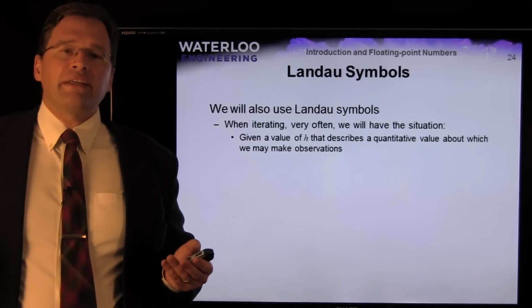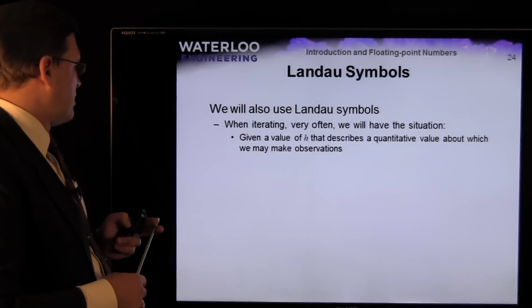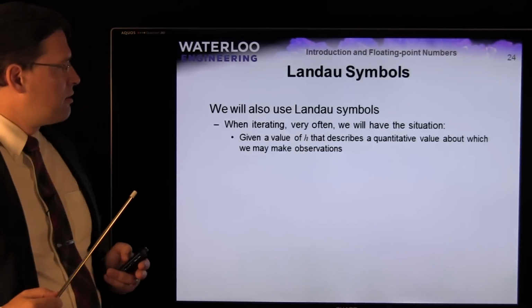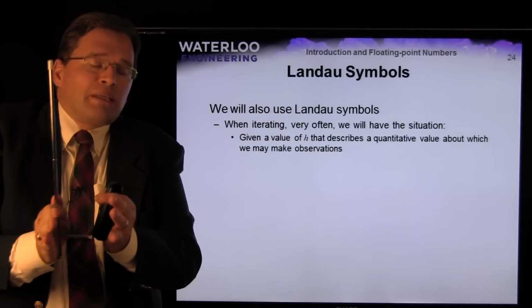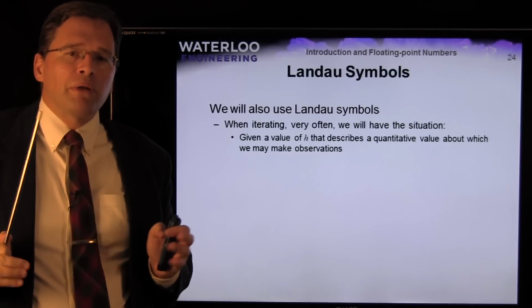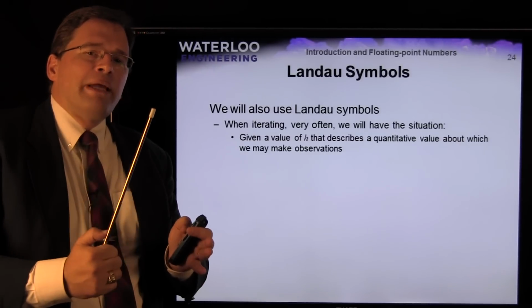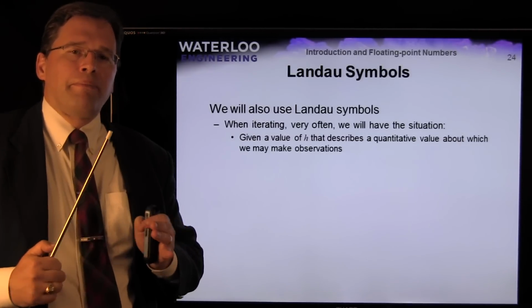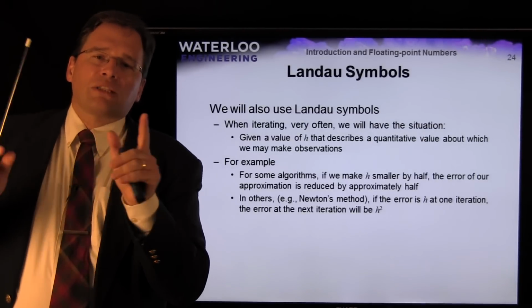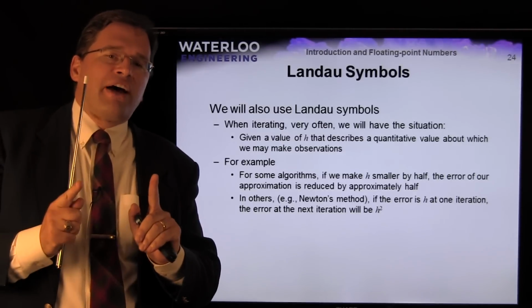Now, when iterating or finding an approximation, we're often going to end up with a situation where some value h, describing some quantitative measurable variable in our problem, gives us some information about the error. For example, in some algorithms, if we make h smaller by a factor of 2, the error itself drops by a factor of 2.